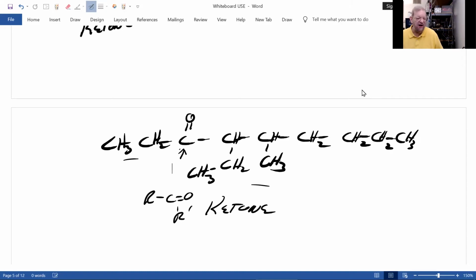How many carbons in the longest chain with the carbon double bond to oxygen, called the carbonyl carbon? 1, 2, 3, 4, 5, 6, or 1, 2, 3, 4, 5, 6, 7, 8, 9. And I think 9 is greater than 6. So we have nonane.